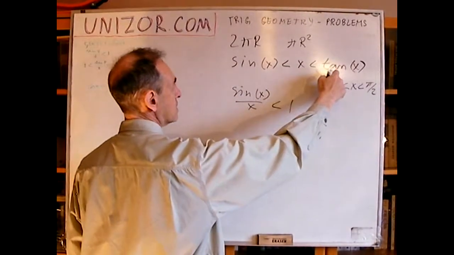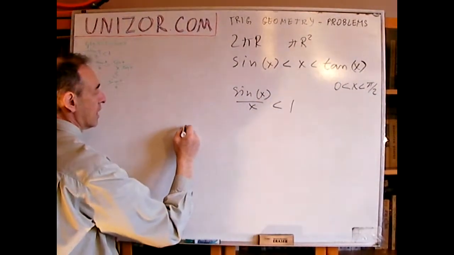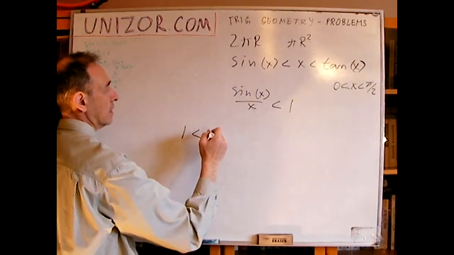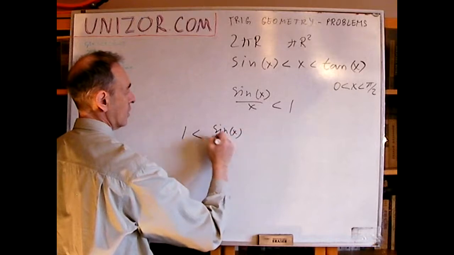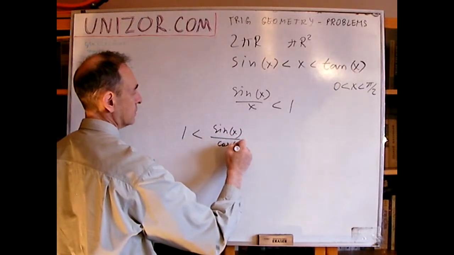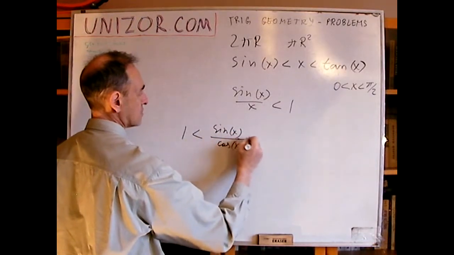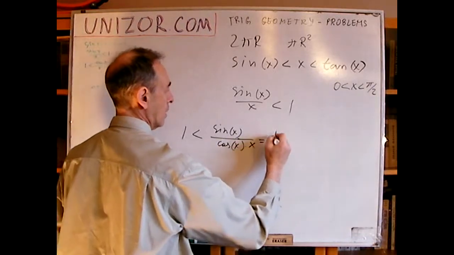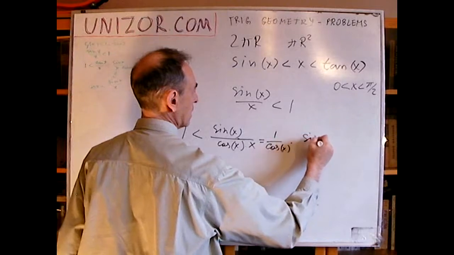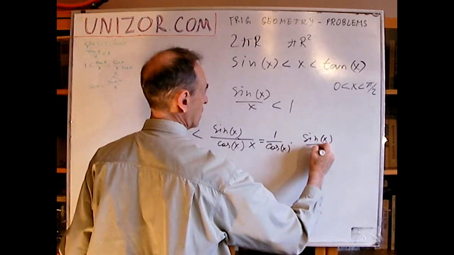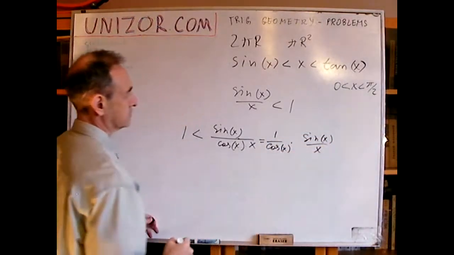Now, if I divide this by x, I will have 1 less than, and instead of tangent, I will put sine of x over cosine of x and x, right? Or 1 over cosine of x, sine x over x, right?